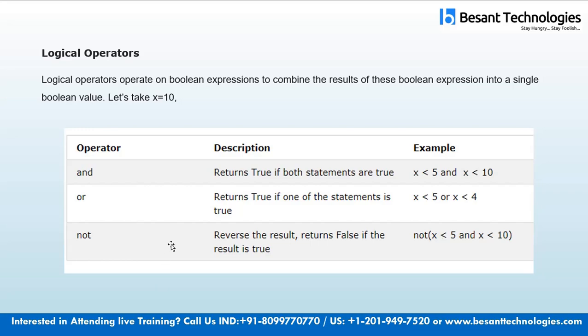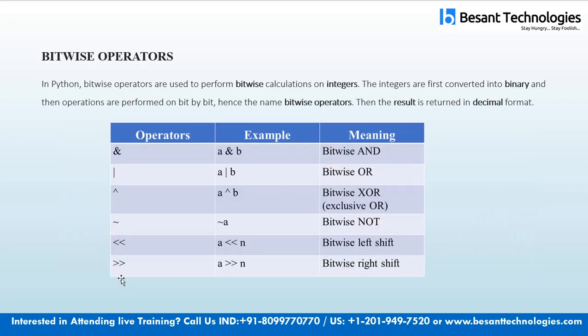So logical operators are AND, OR and NOT operator. The next operator is bitwise operators. In Python, bitwise operators are used to perform bitwise calculations on integers. The integers are first converted into binary and then operations are performed bit by bit.